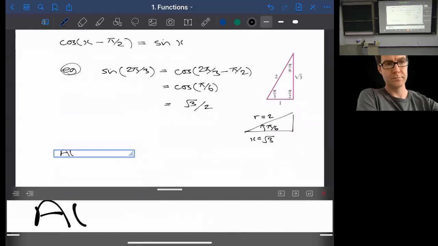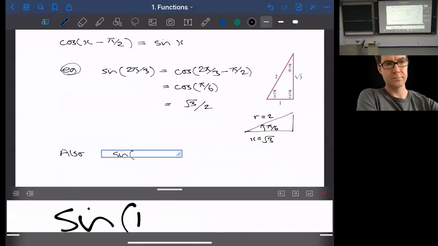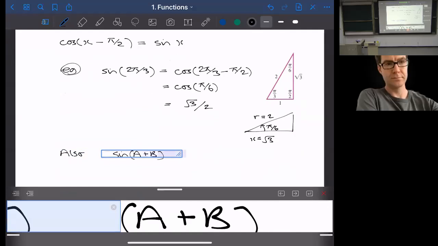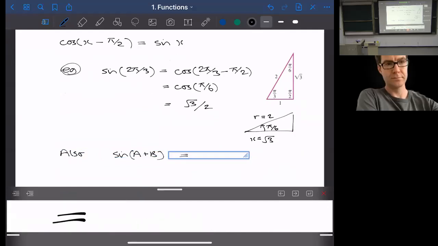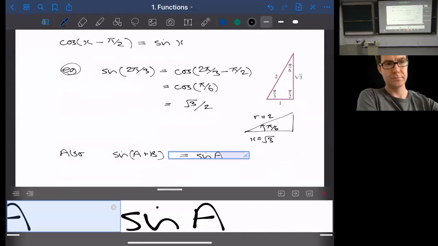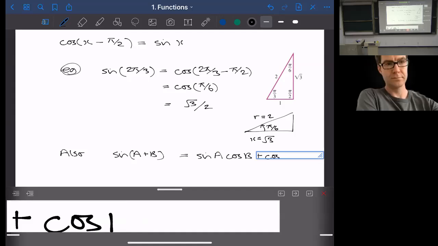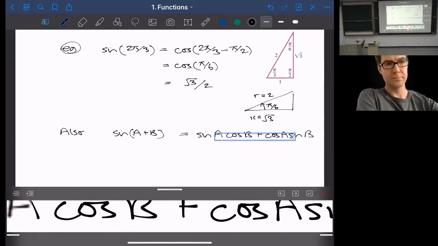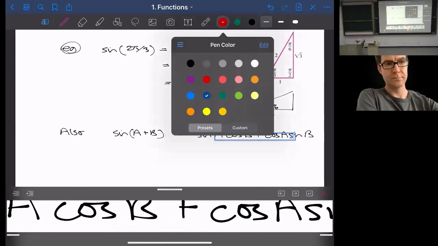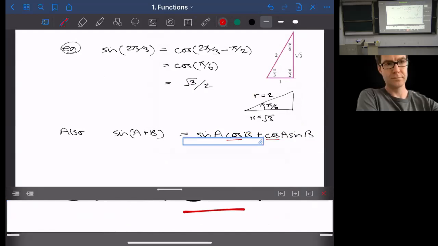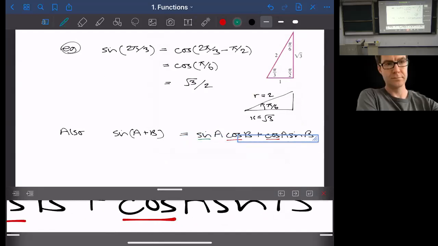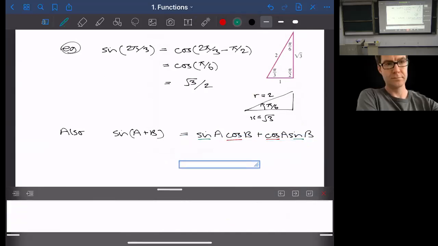So also, we have formulas for the sines, you can read about how to prove these in the book. Again, the pattern of cosines and sines like this.